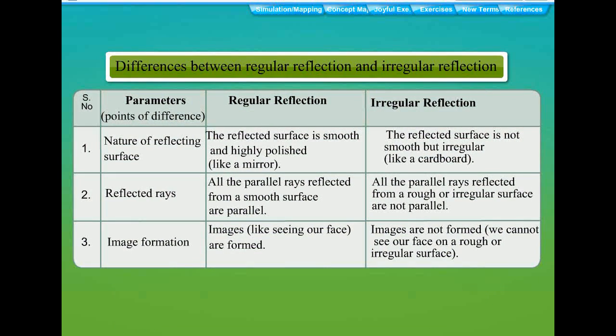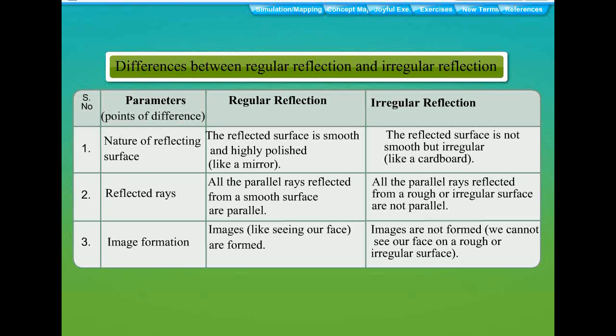Differences between regular reflection and irregular reflection. Parameters, points of difference: nature of reflecting surface, reflected rays, image formation. Regular reflection: the reflecting surface is smooth and highly polished, like a mirror. All the parallel rays reflected from a smooth surface are parallel.